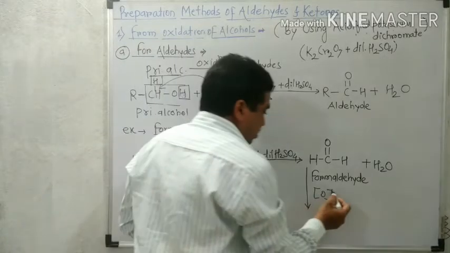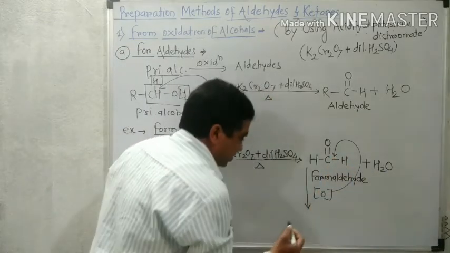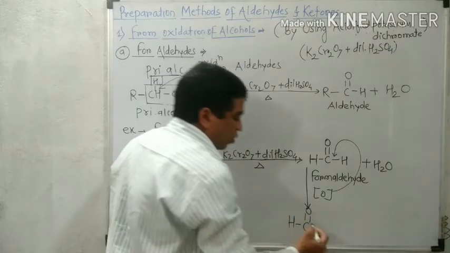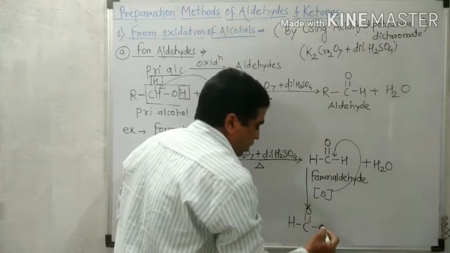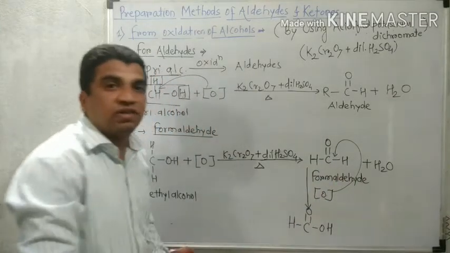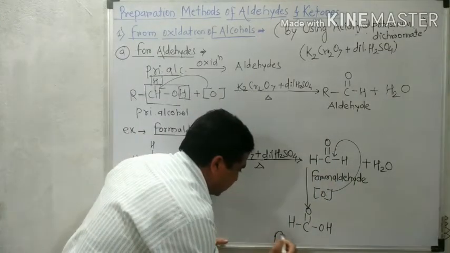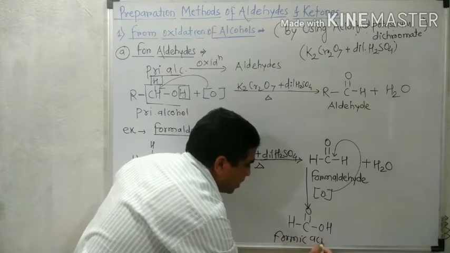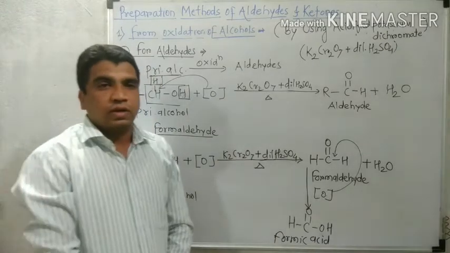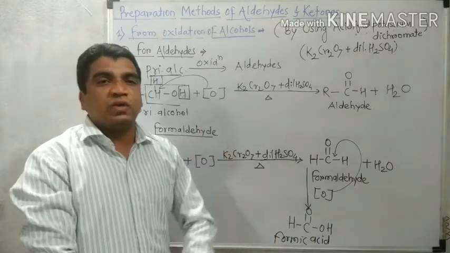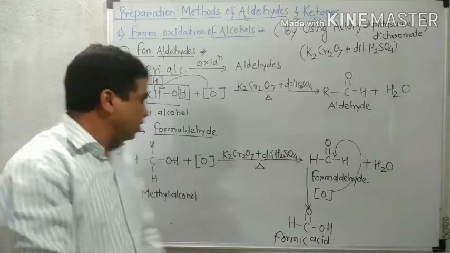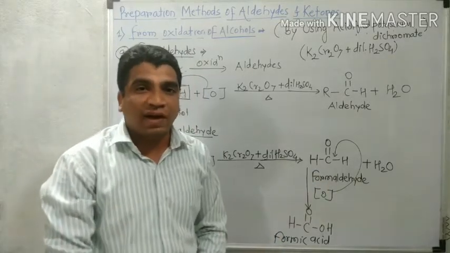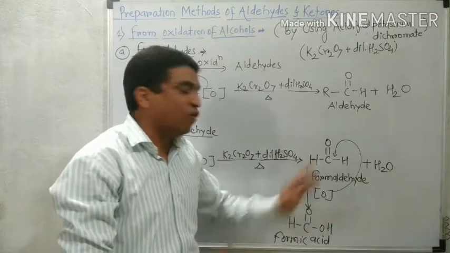When this oxygen is added to the formaldehyde structure, we again obtain C double bond O, and due to this oxygen, here is the OH: HCOOH. The last product is not formaldehyde, but formic acid. So by using K2Cr2O7 and H2SO4 from methyl alcohol, we cannot prepare formaldehyde only.